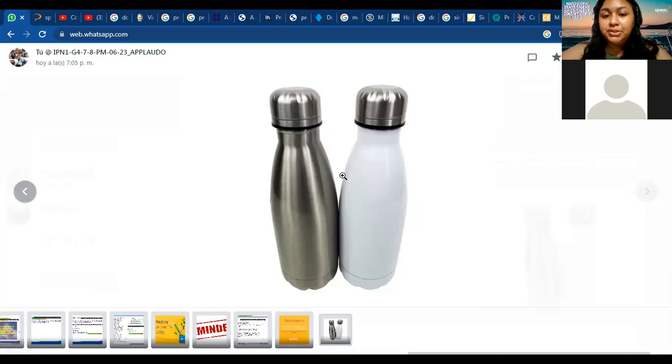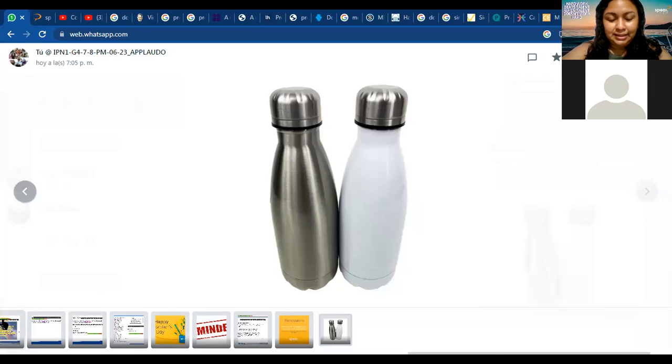Do you happen to have a flask? Do you like them? Yes, but I don't use a flask. Why not? I don't know. Because I use a thermo.